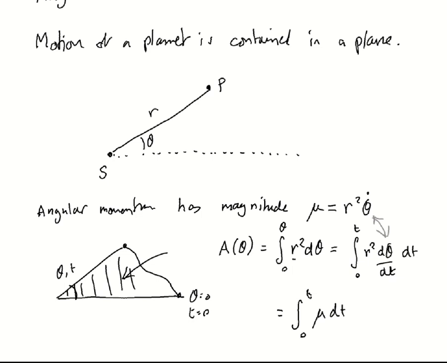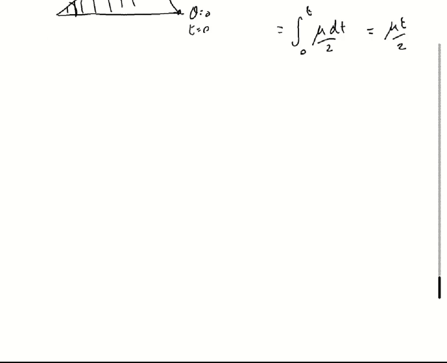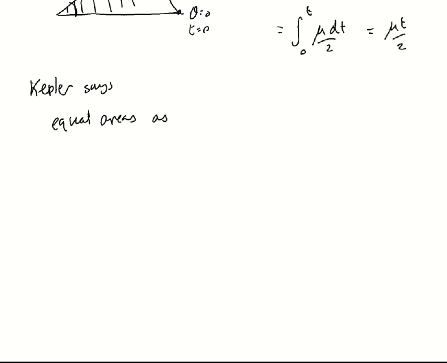Sorry, there's a half in there, technically. Put the half in over 2. You get mu t over 2. And so we've got Kepler's second law already: equal areas are swept out in equal times.